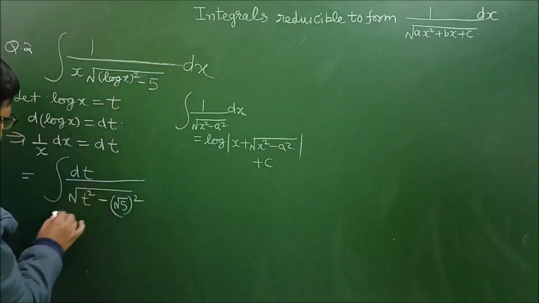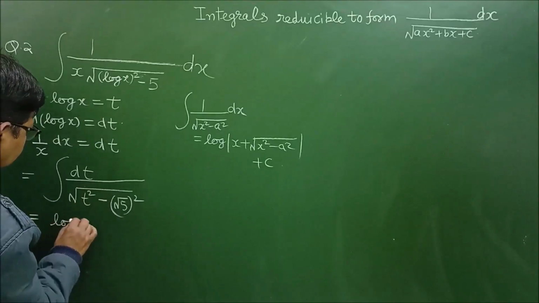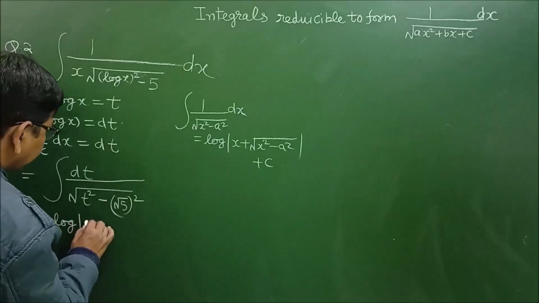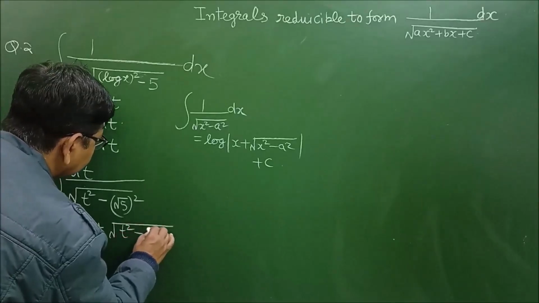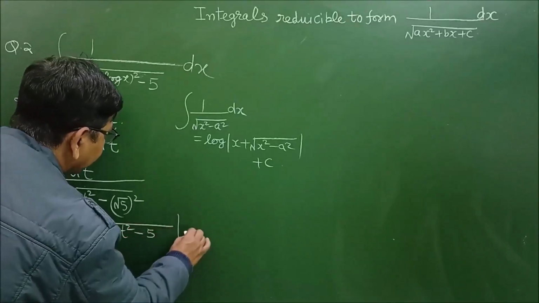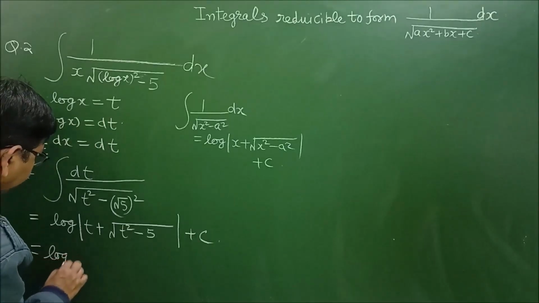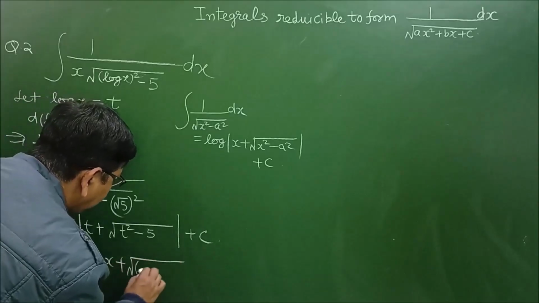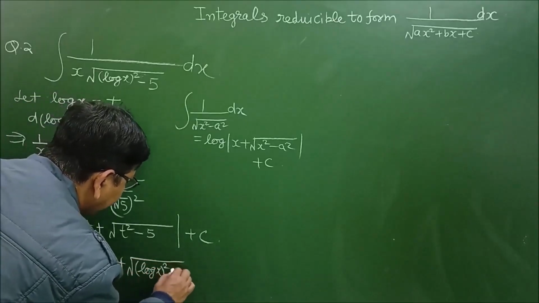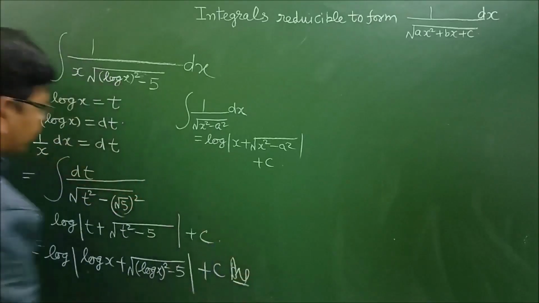So this is equal to log mod t plus under root t square minus 5 plus c. Now putting the value of t, which is log x, this is equal to log of mod log x plus under root of (log x) square minus 5 plus c. So this is the final answer of this question.